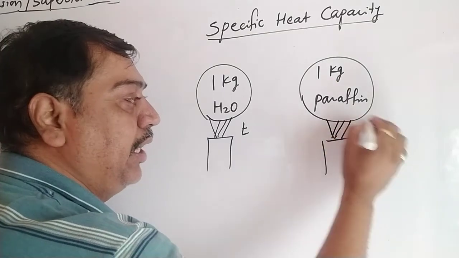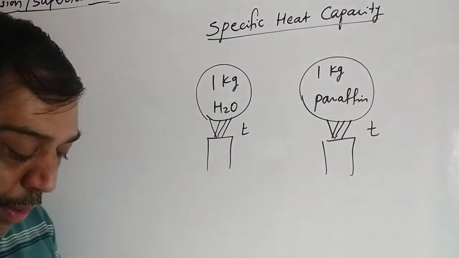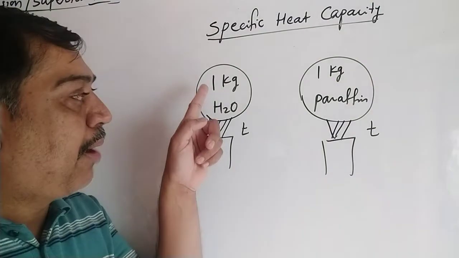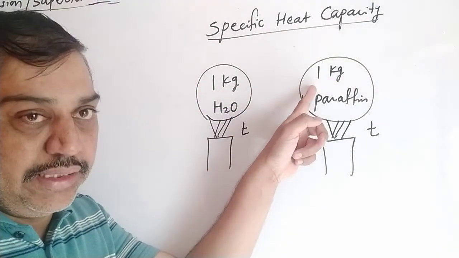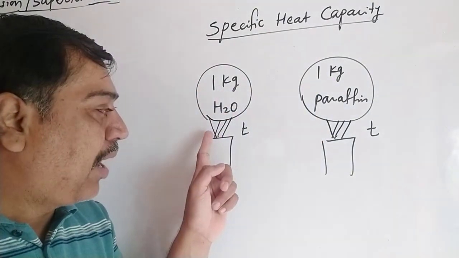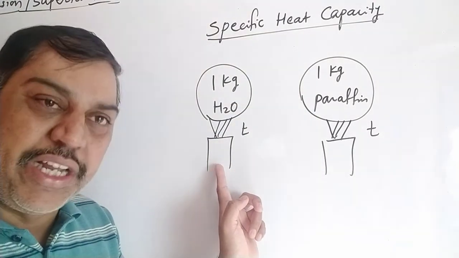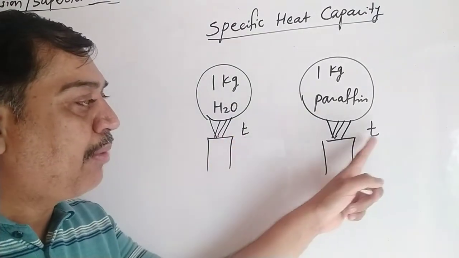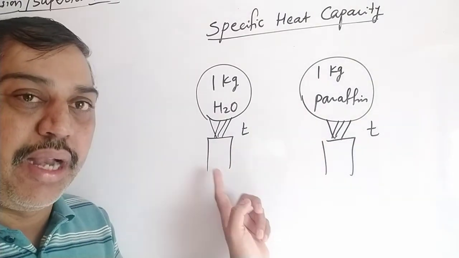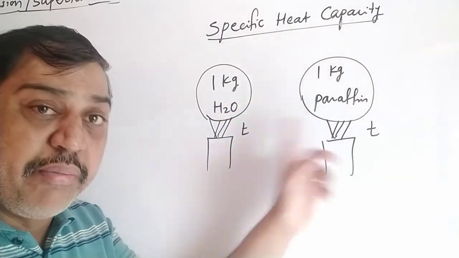Both materials are the same in amount, 1 kg water, 1 kg paraffin. The same amount of heat is supplied by the heater for the same time to the different materials.